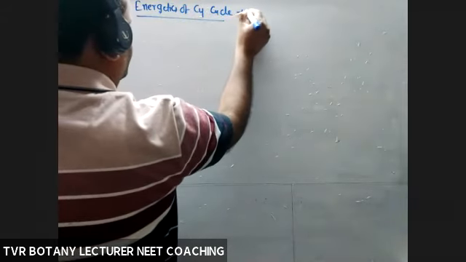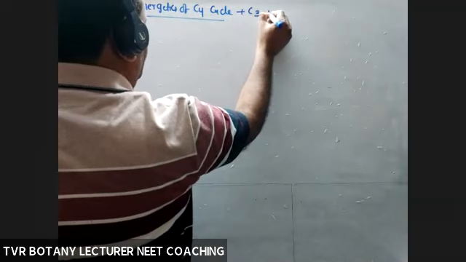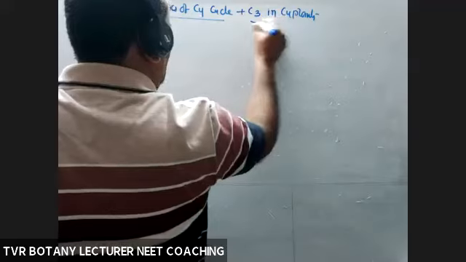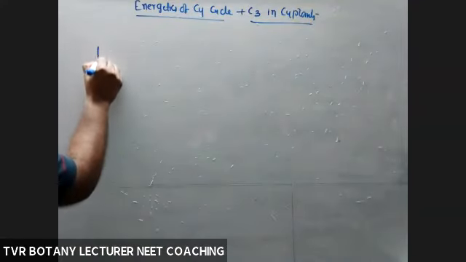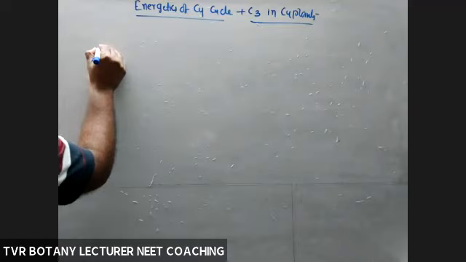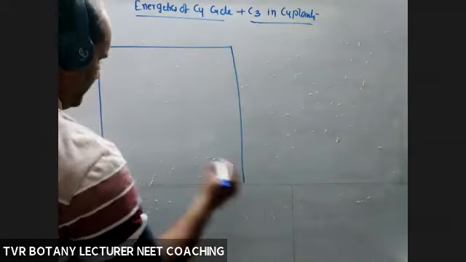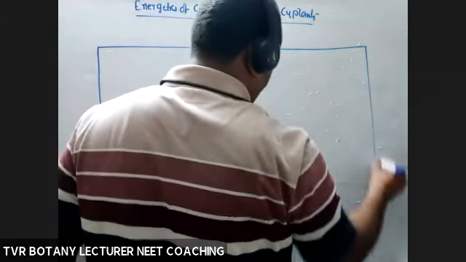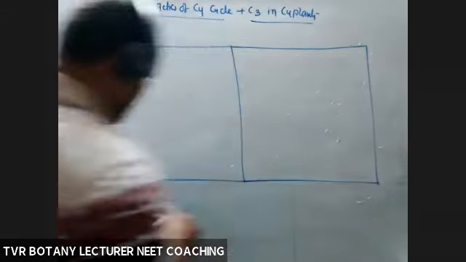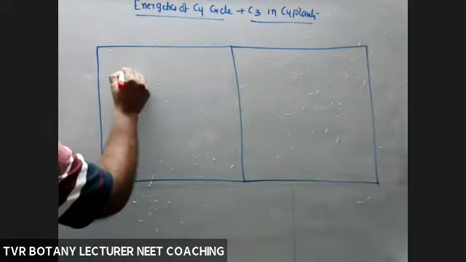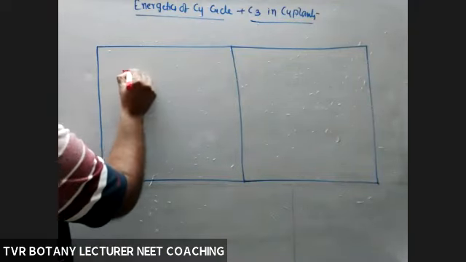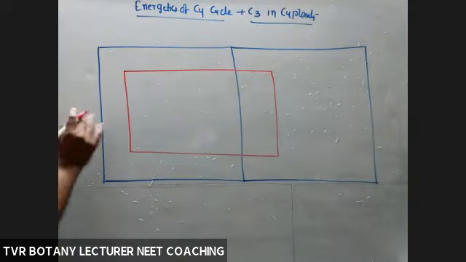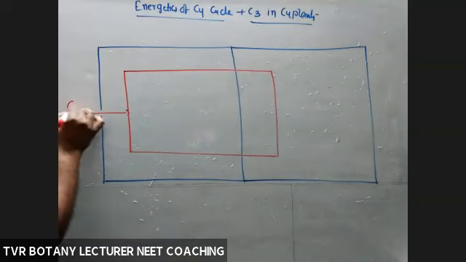That includes a C3 cycle also, C3 in C4 plants, to produce one glucose molecule. So for example, this is the first cell, mesophyll cell. This one, bundle sheath cell. Okay, so this one is a C4 cycle, dummy one. C4 cycle. So what about the number of CO2? 6 CO2 accepted.